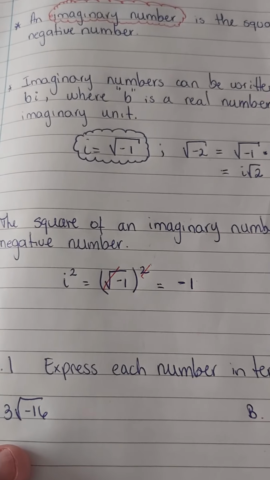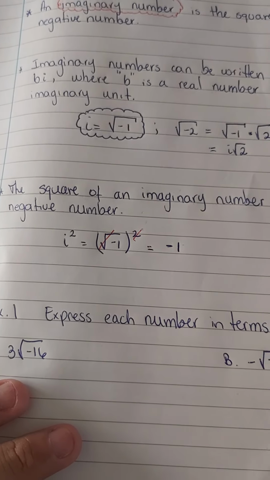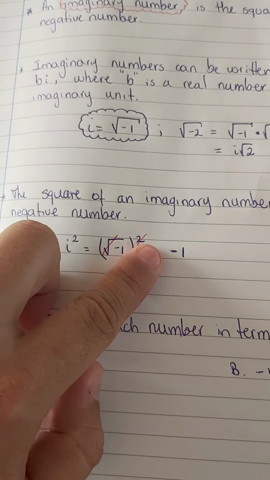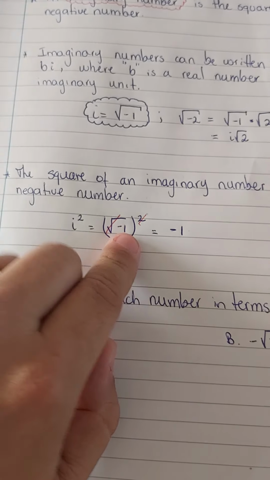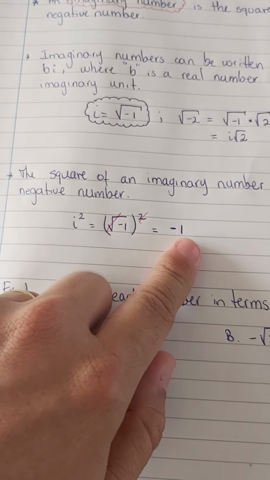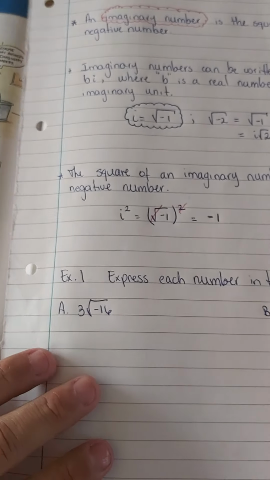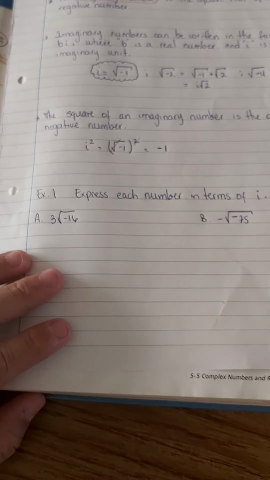So i squared is equal to square root of -1 squared. Now we simplify. Notice, we cancel the square root with the squared. So what do we get? The same negative number, -1. Okay? Very good.